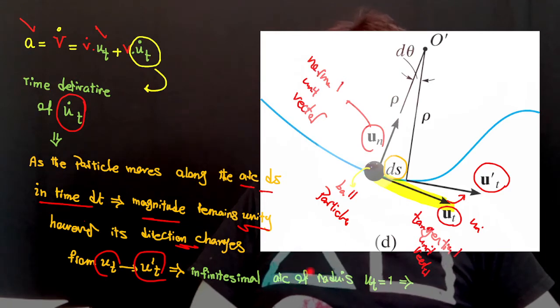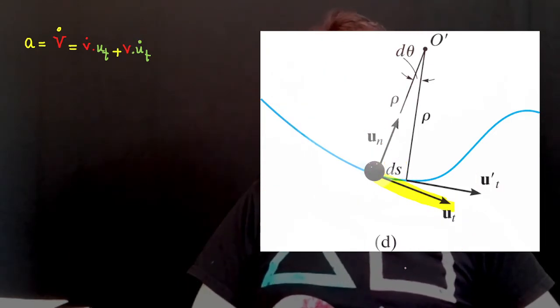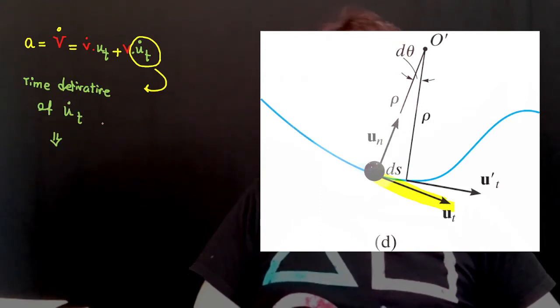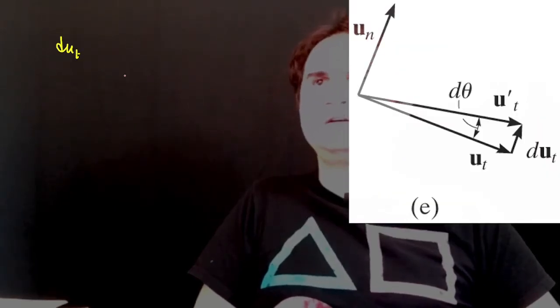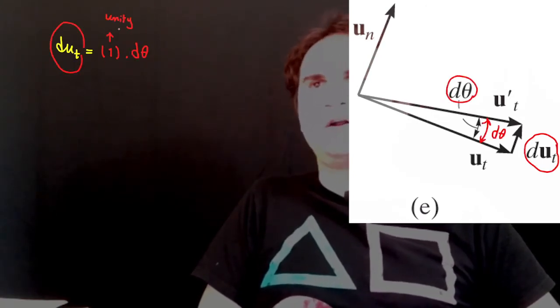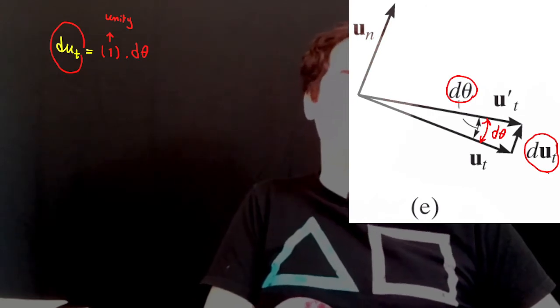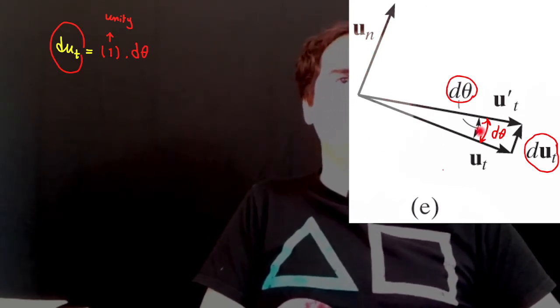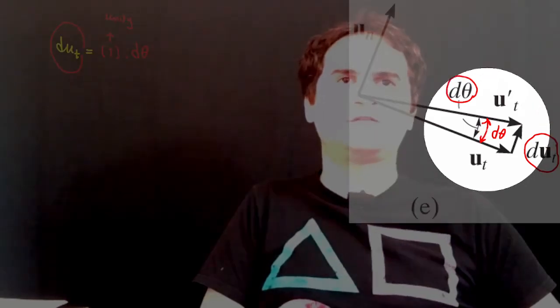So in an infinitesimal, small arc of radius, u_t is equal to 1, and that means the change in u_t is 1, unity, times d theta. What does that mean? It means there is an angle between u_t and u prime t, as we can see here.